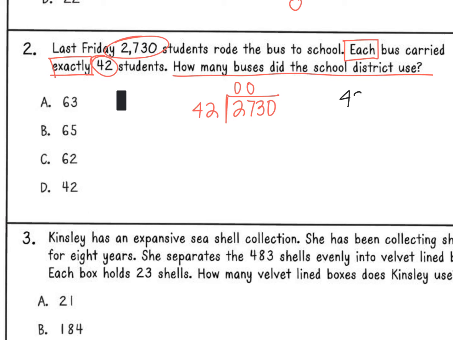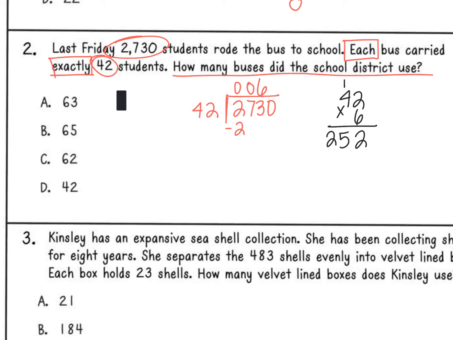So 42 times 6, 12. That's 252. Will that work? Yes. Okay, so if you say yes, why does it work? Because it's 273. It's close. It's close, but it doesn't go over. If it went over, I know it would be too much, so we would have to bump it down a little bit.